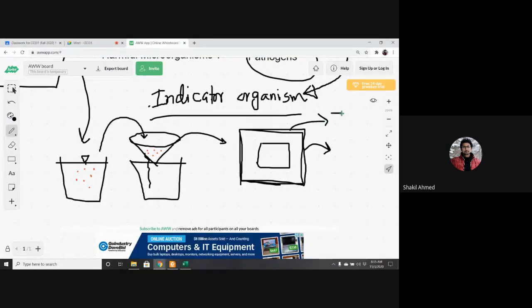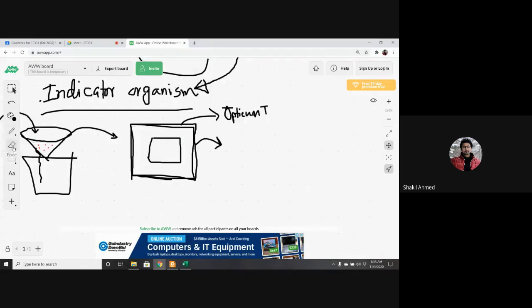You give them the optimum temperature, which bacteria like.